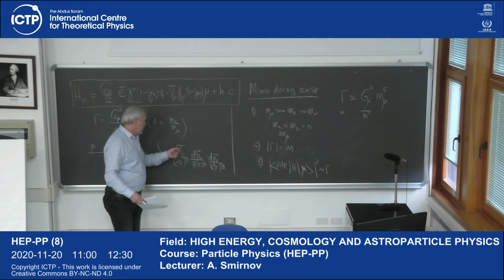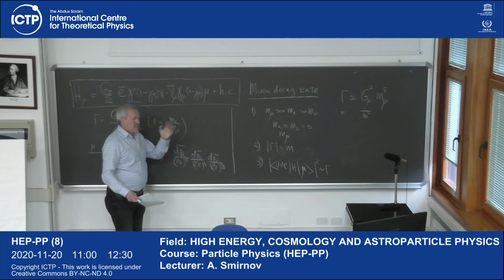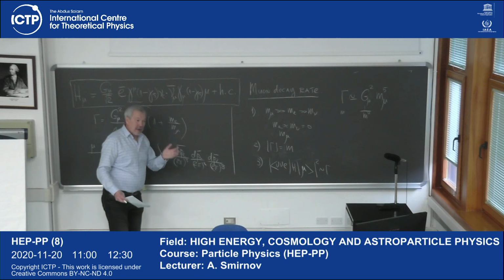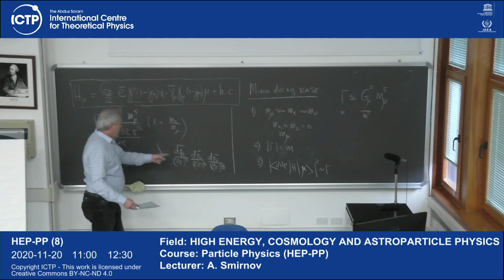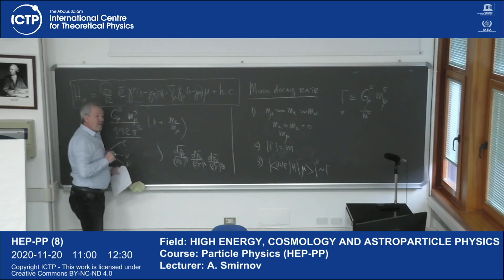So actually we do this integration from essentially 0 to the maximum possible momentum, and the maximal possible momenta are determined by the mass of the muon. And for this reason, this integration precisely gives us this big power of the muon mass.